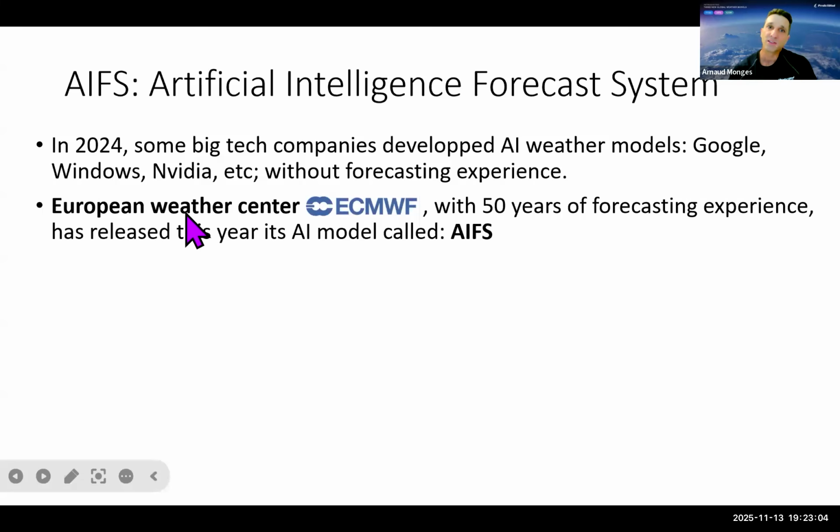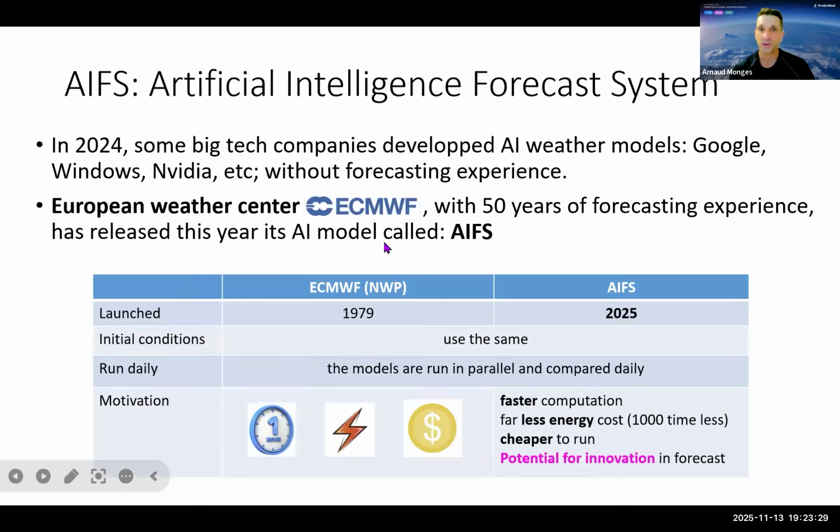This year, in 2025, the European Weather Center, ECMWF, that has 50 years of forecasting experience, has released its model, AIFS. And because of all this experience, PredictWind decided to go with AIFS and not those other AI weather models.